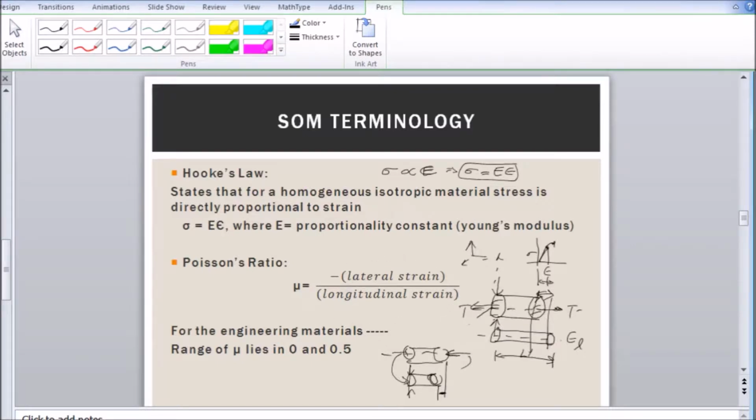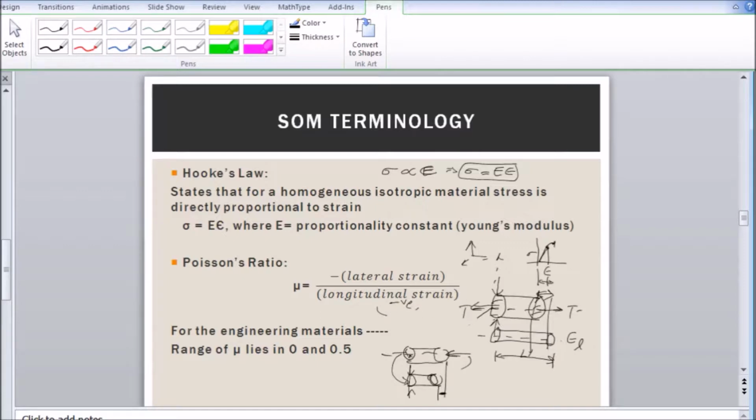Considering that it is under tension, longitudinal strain is positive and lateral strain is negative, so negative by positive is negative, and the negative of negative becomes positive. That is one thing you need to understand. If, for example, this is the compressive load case, then longitudinal strain will be negative.